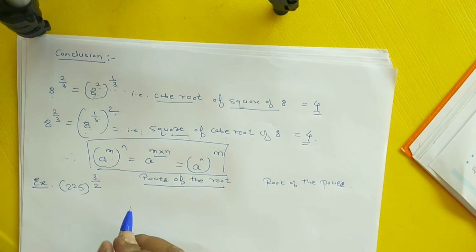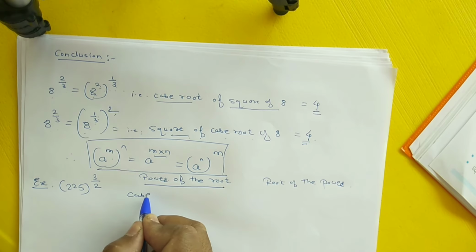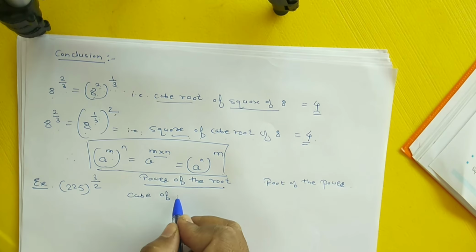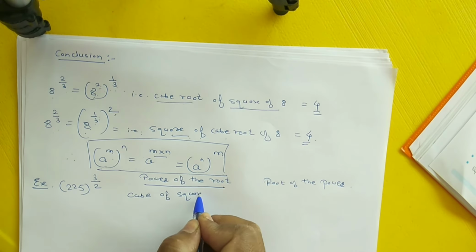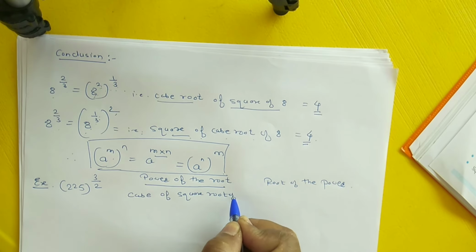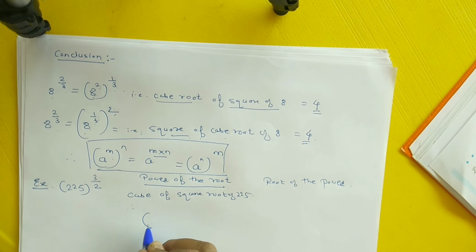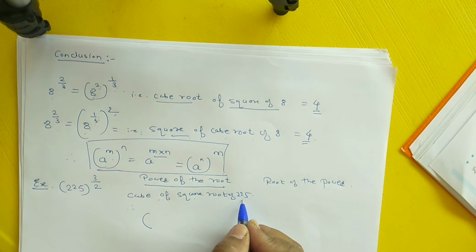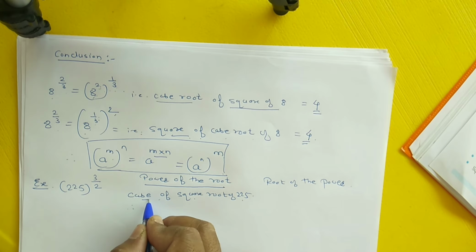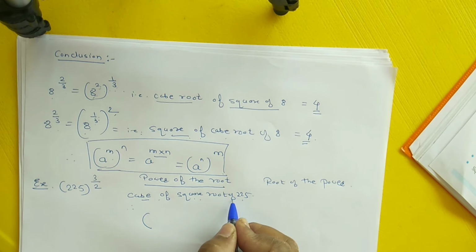Can we write the cube of the square root of 225? Why? Because here we can write the cube of the square root of 225.